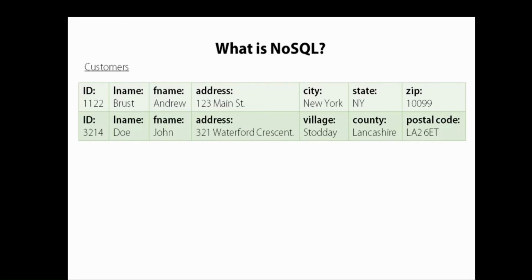But if you take a look at the last three, you'll notice that in one case we have a city, state, and zip, and in the other case we have a village, a county, and a postal code. And we have an American address in the first place and a fictitious English address in the second case. Specifically, we have village, county, and postal code in that second row that simply don't exist in the first row.